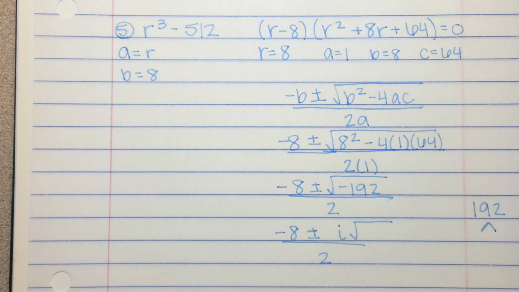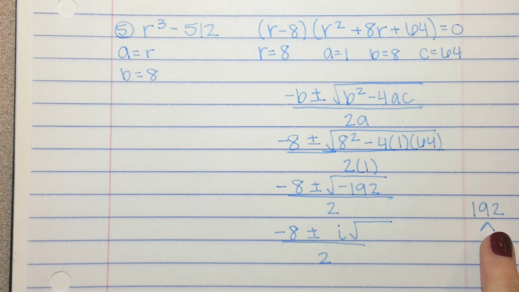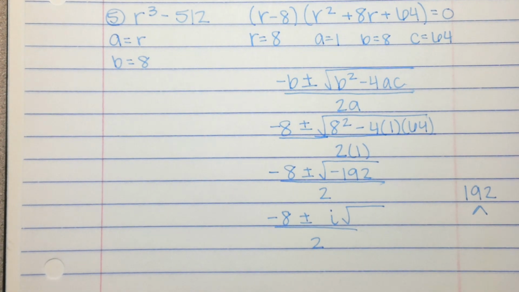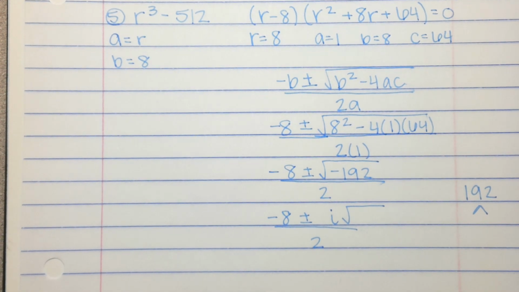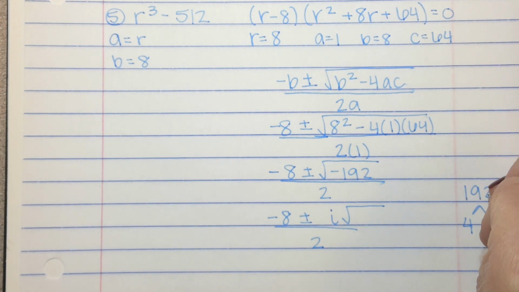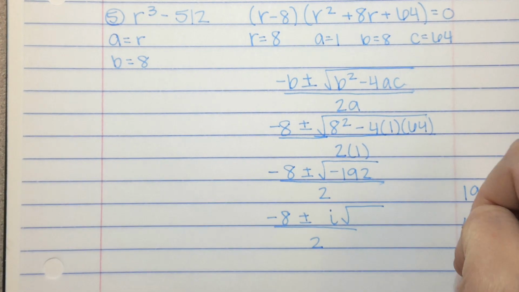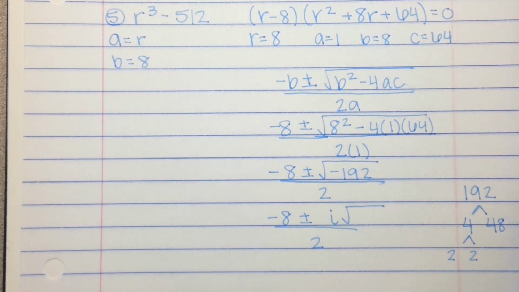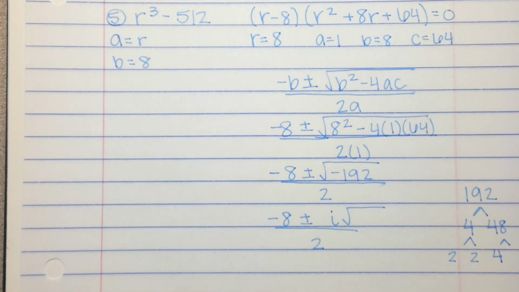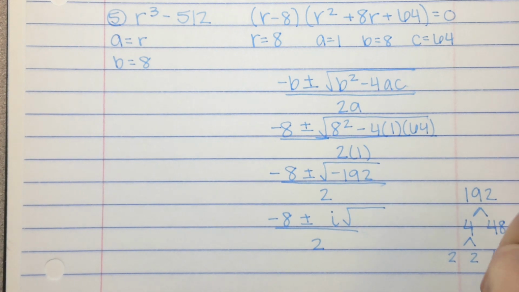I'm just going to do a factor tree because I don't know what this simplifies to right off the top of my head. I'm going to try a 4. Okay, so I get 4 and 48. So those are easier to break down. So that's 2 times 2. 48 is 4 times 12. And then that's 2 times 2.